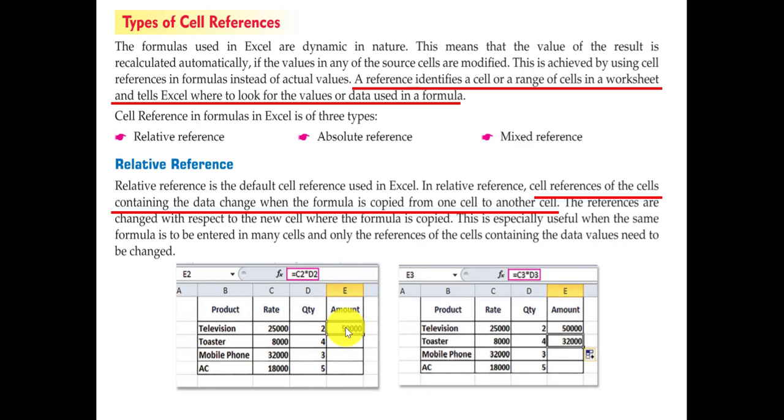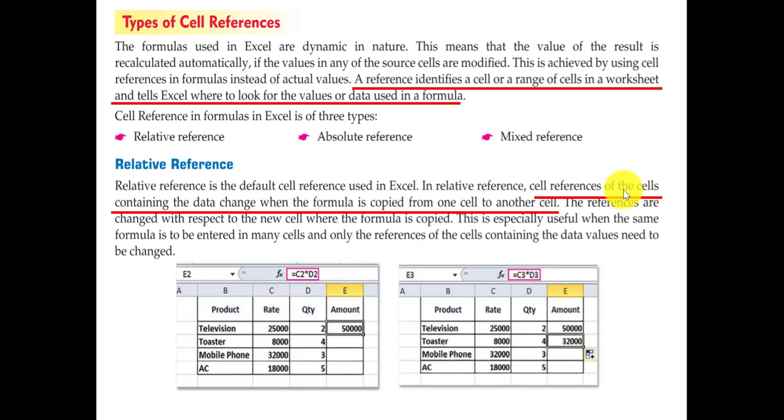We get the amount. Now, if we have to calculate the amount of the toaster, what will be the formula? C3 into D3, and for the mobile phone C4 into D4, and for the AC C5 into D5. It means in relative reference, the formula's cell address can change automatically.